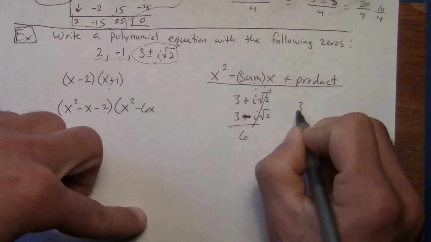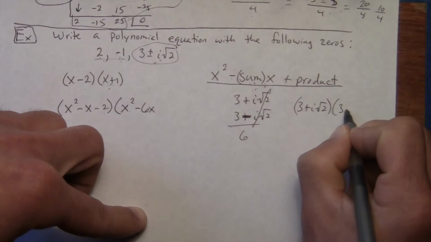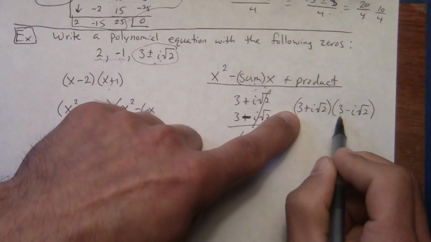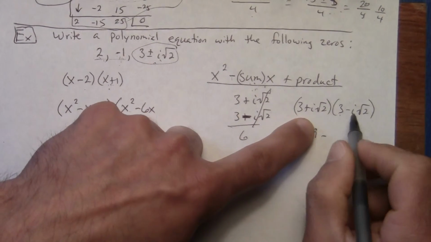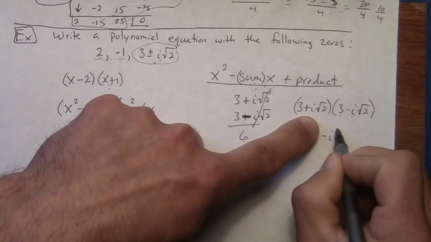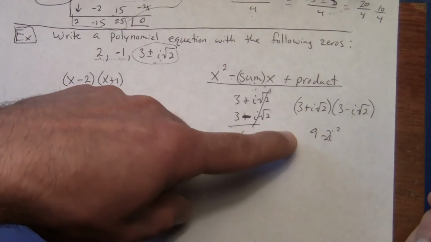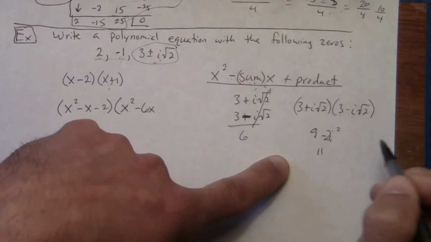Now the product, well, they are conjugates of each other, so multiplying this together is going to be actually a little bit easier than you think. Multiply these two together, I get 9. Insides and outsides are going to cancel. Multiplying the last together, I get minus i squared times 2. I know i squared is negative 1, so it's actually 9 plus 2, or 11.